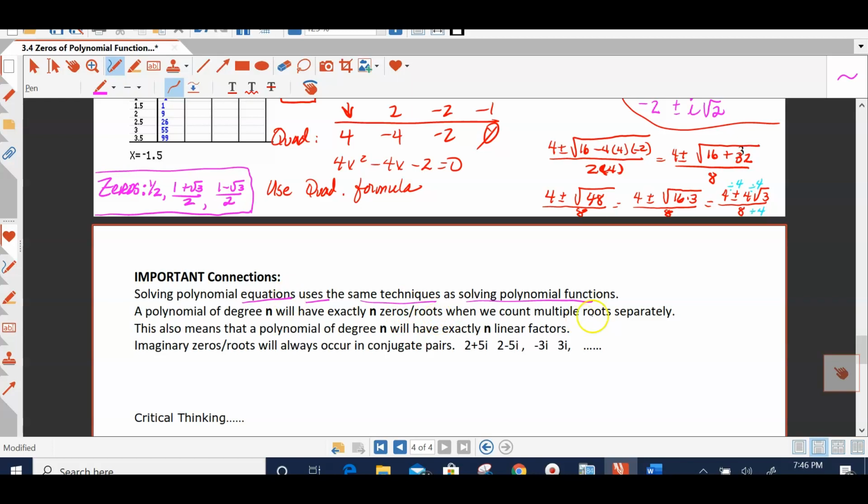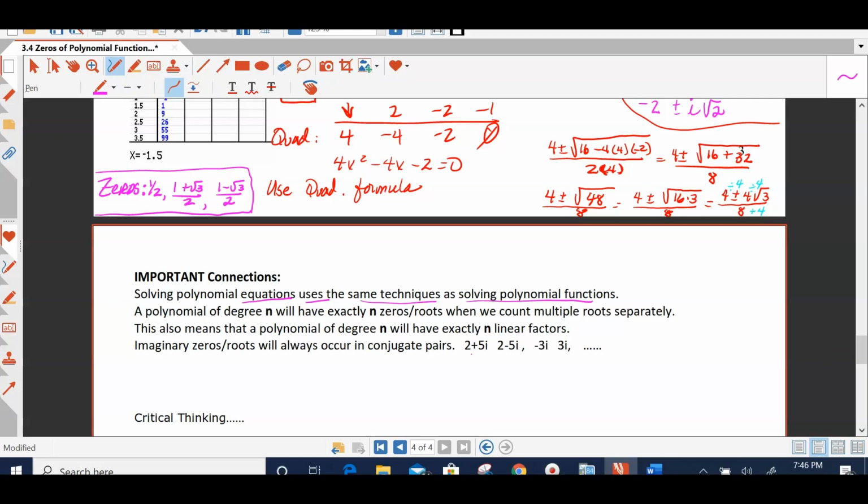And that happens when we count multiplicity and imaginary roots. This also means that if our polynomial is of degree n, it will have exactly n linear factors. Finally, imaginary roots will always occur, and irrational roots will always occur in conjugate pairs.